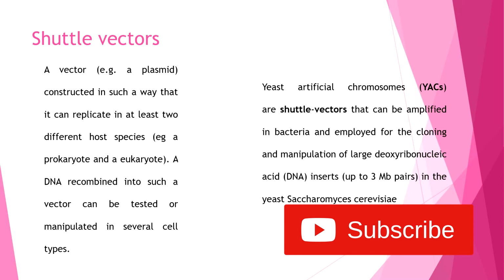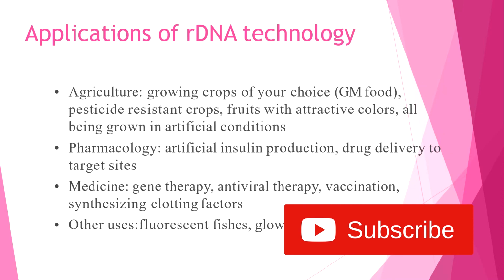So this is the outline of vectors used in recombinant DNA technology. As we know, rDNA technology has vast applications in agriculture, most familiarly GM foods and pesticide resistant fruits, and in pharmacology, such as artificial insulin production and drug delivery.